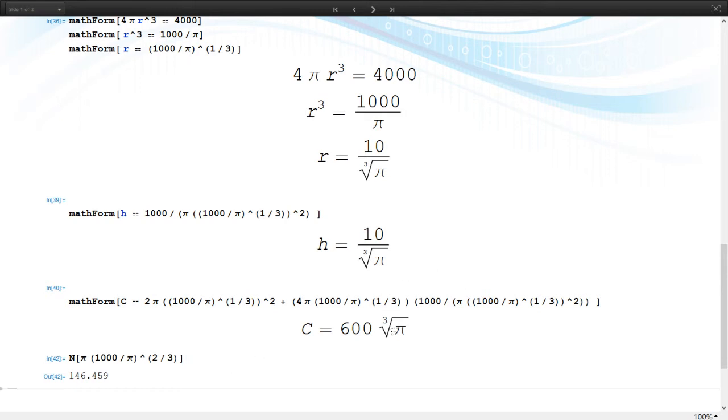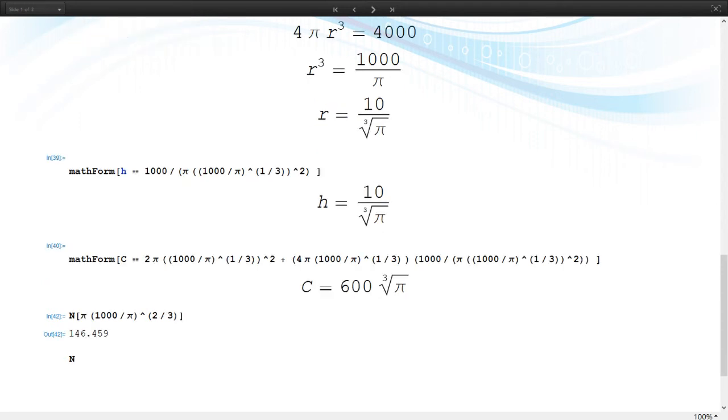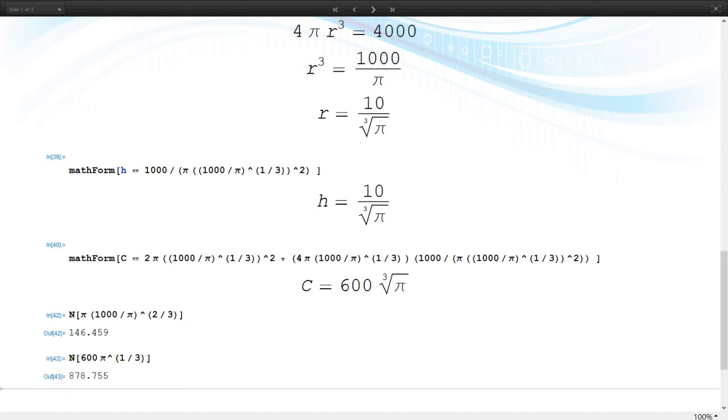So this is quite the can. Let's see what the total cost is in dollars and cents. So this is an $8 can. $8.79.